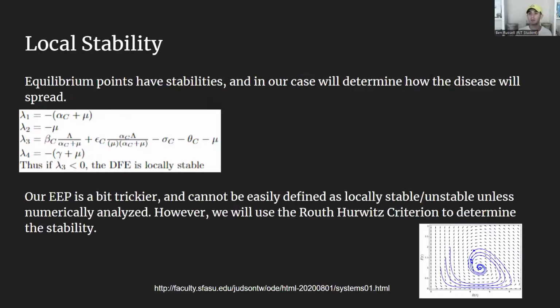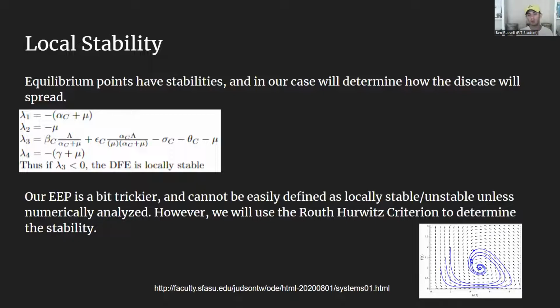So we're going to look at the local stability. The local stability is going to show us that our reproduction number works, and we're going to make sure that our model works in general. In this case, we're going to take the determinant of a characteristic matrix, and we're going to find some eigenvalues. These eigenvalues are going to show us some stability.